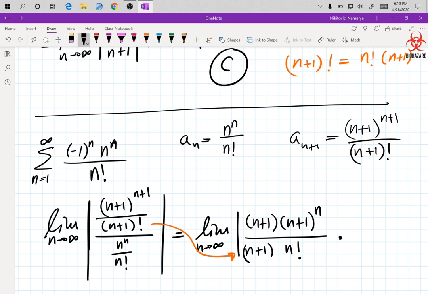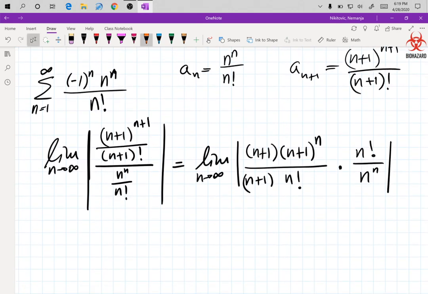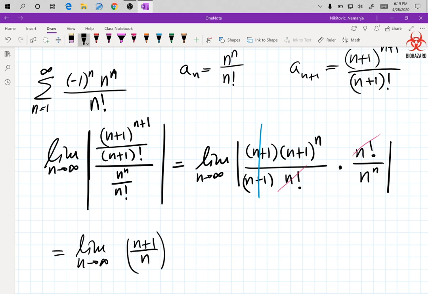Times the flip of the bottom, n factorial over n to the n. Cancel, kill, and yeah, there we go. We are left with the limit as n goes to infinity of ((n plus 1) over n) to the n. Well, if you do the division inside, you get (1 plus 1 over n) to the n.